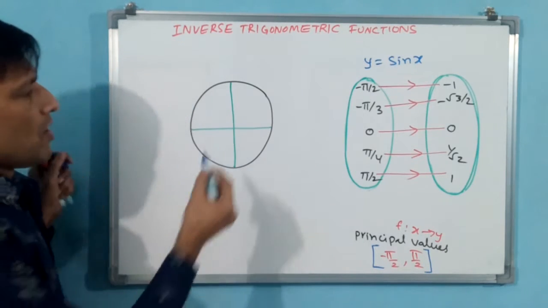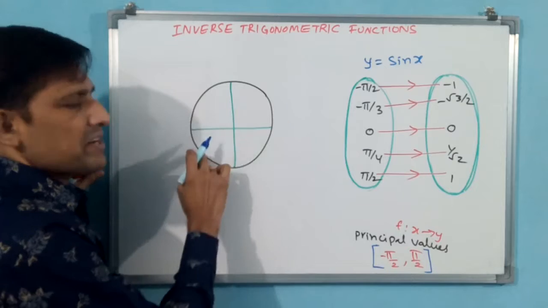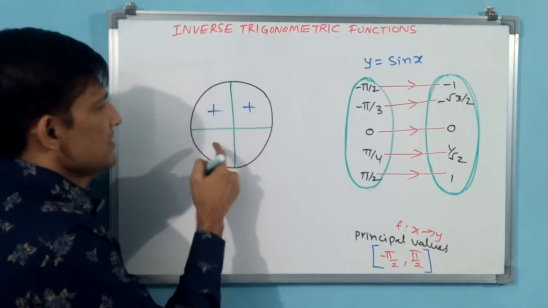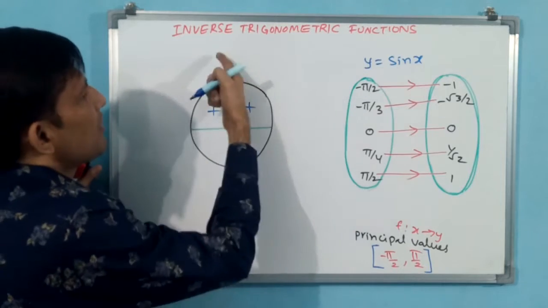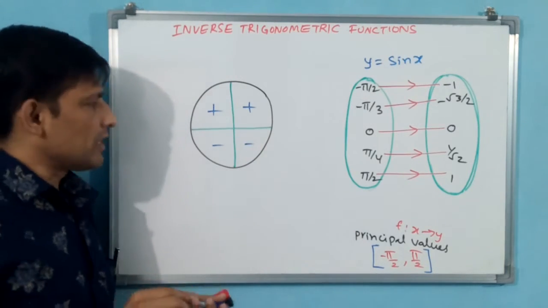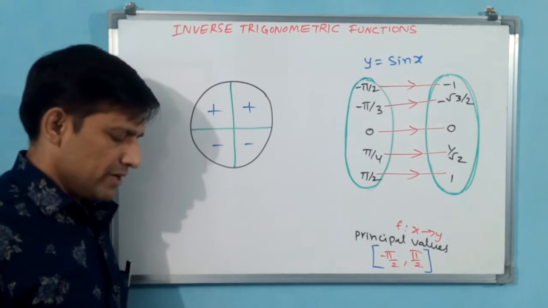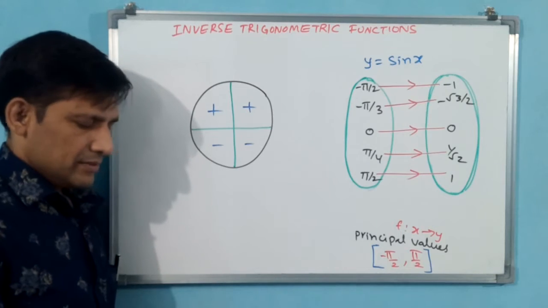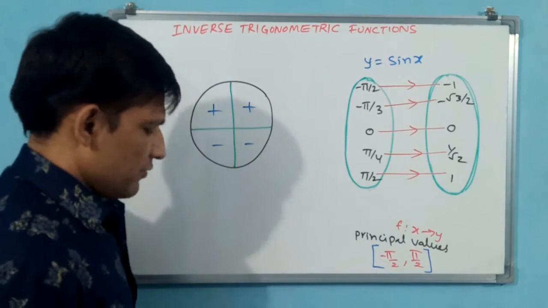Now you tell me the symbols: all silver teacups, all sine tan cos. For sine theta we are making the circle diagram, that is why for sine both are negative. Okay, now you tell me, I have taken minus pi by 2 to pi by 2. Okay, I am writing here. Minus pi by 2 to pi by 2.